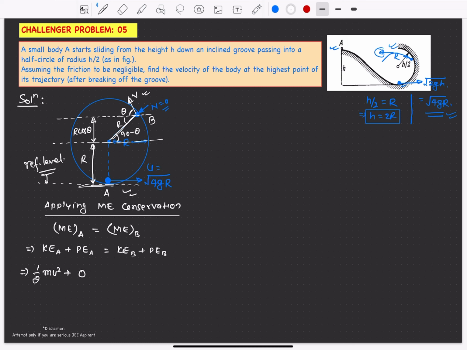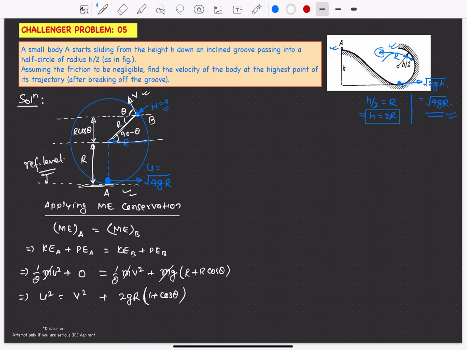Potential energy at A is 0, equals kinetic energy at B, half m v square, plus potential energy at B, m g into (r plus r cos theta). m cancels out. Multiply by 2: u square equals v square plus 2gr into (1 plus cos theta).